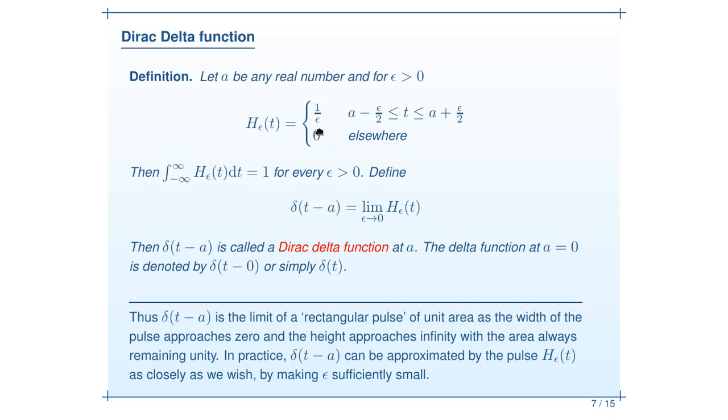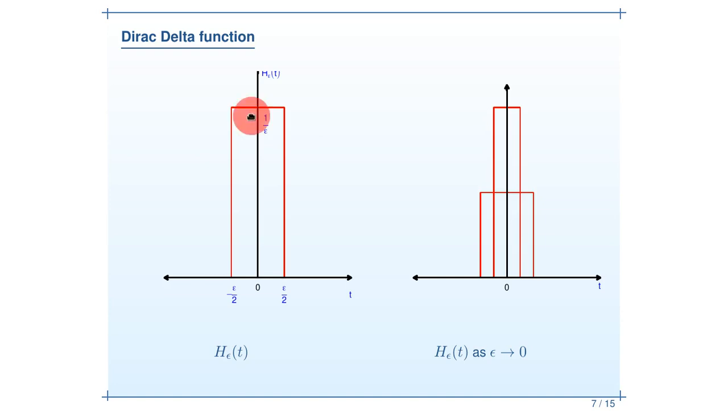Everywhere else its value is 0. The pulse looks like this. It has a height which is 1 by epsilon. So the width is epsilon, the height is 1 by epsilon, so the area is actually 1. The area under this graph is 1.